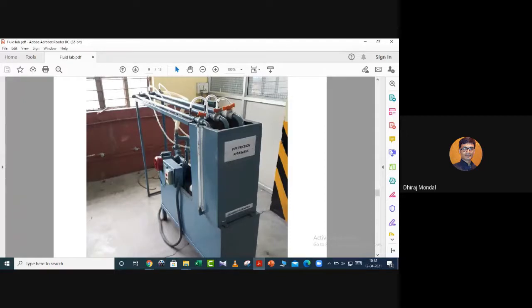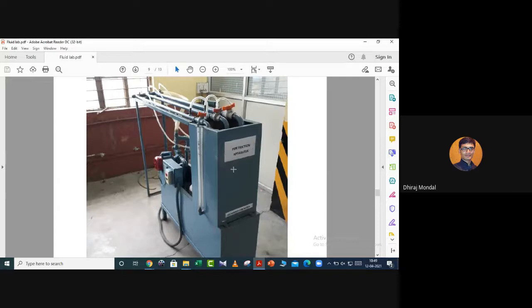If I am calculating the coefficient of friction of one pipe, then the other two pipes are kept idle. That means the valve or knob will be closed for those, and open for the one being tested. After calculating the theory part and the practical part, I can calculate the velocity and the discharge and all this. As a result, we will get the coefficient of discharge.